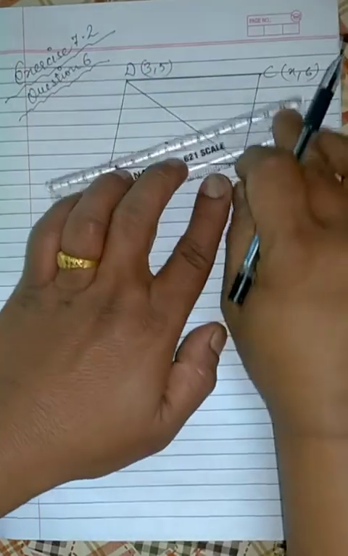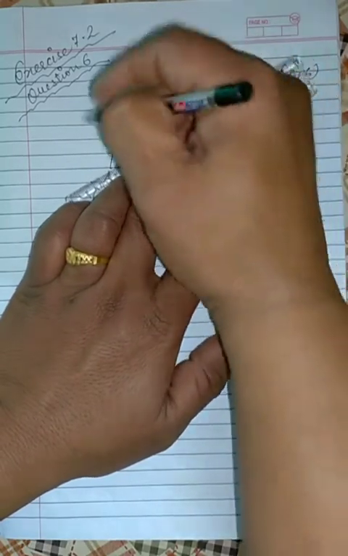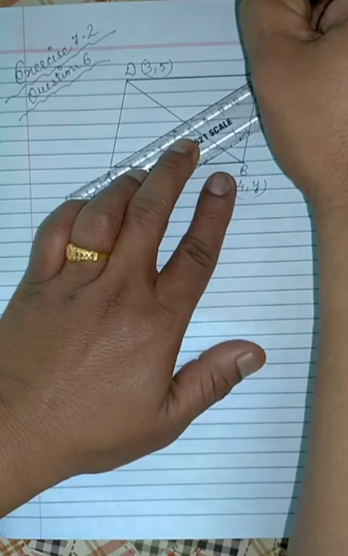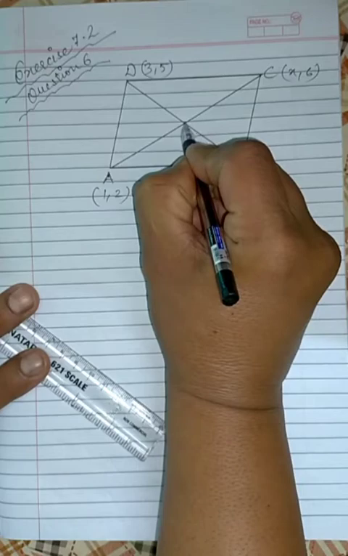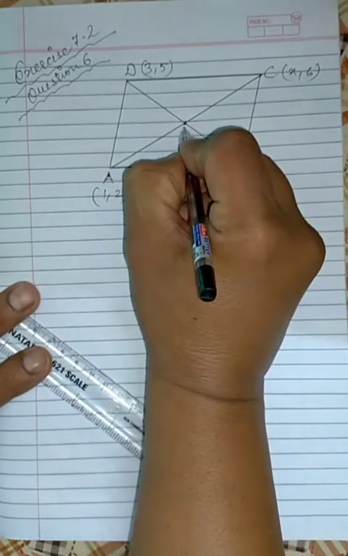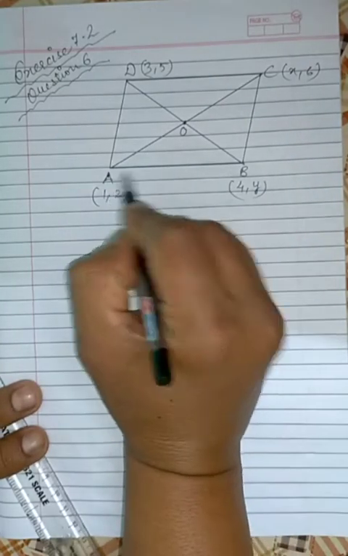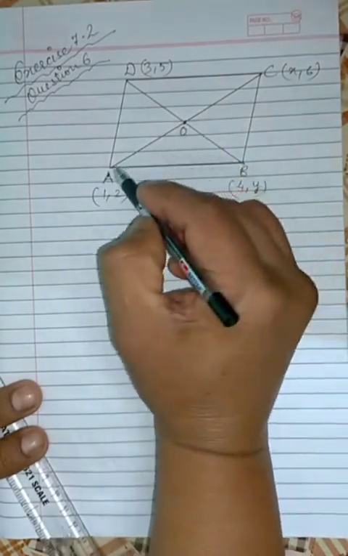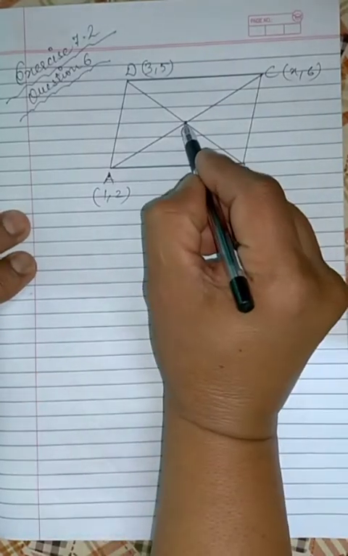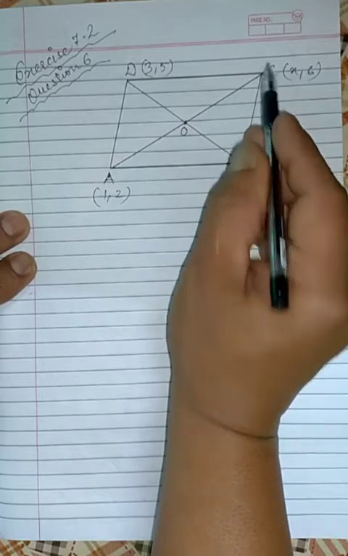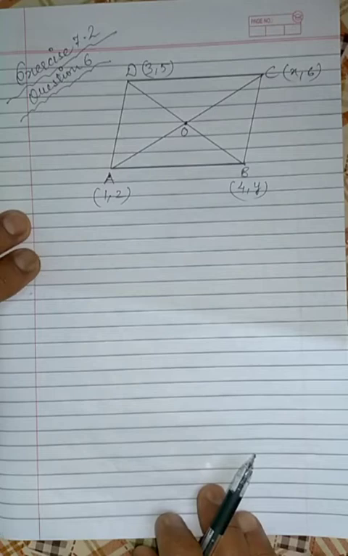So if we join the opposite vertices AC and BD, and both of these are intersecting each other at a point, let this point be O. So as ABCD is a parallelogram, diagonals AC and BD bisect each other. That means O is the midpoint of AC as well as BD.